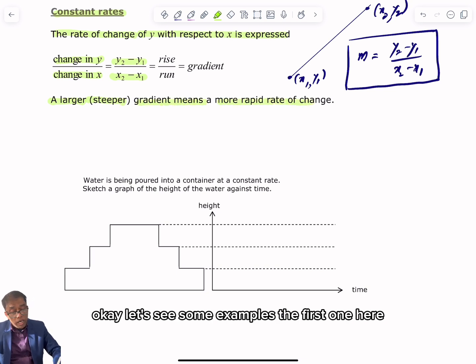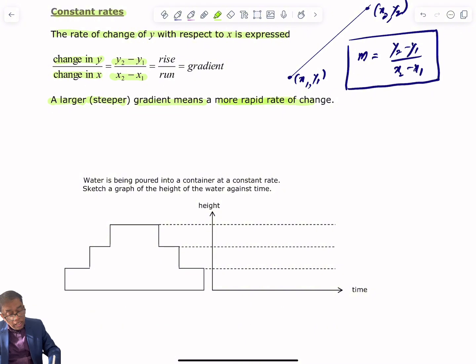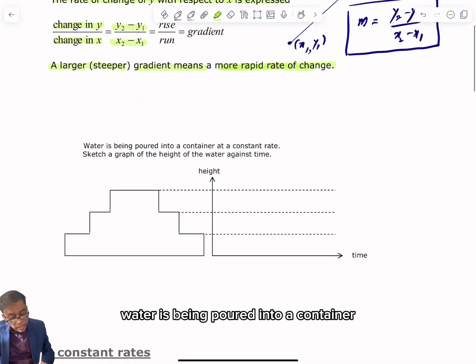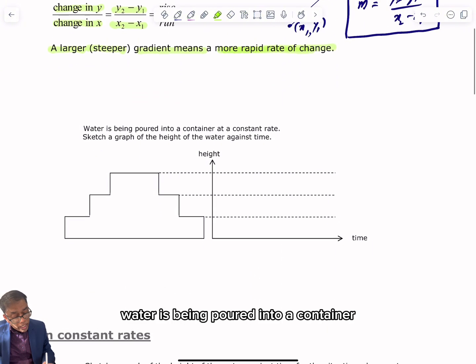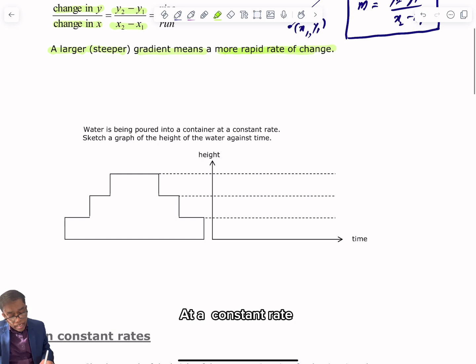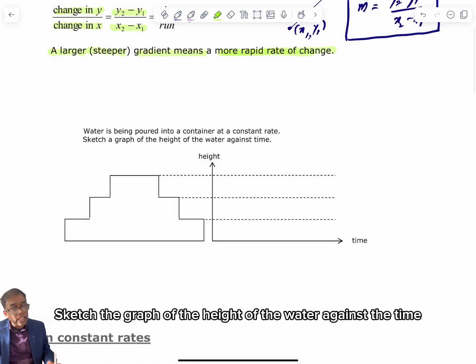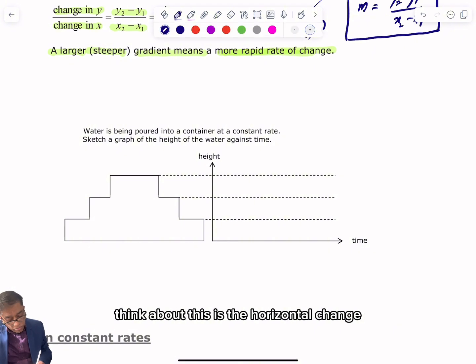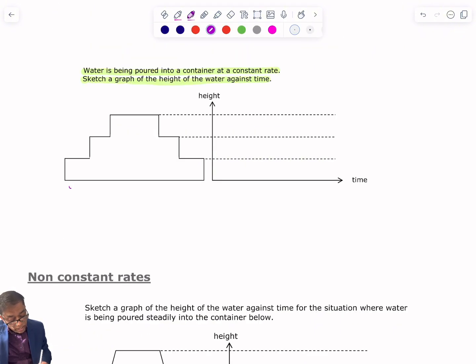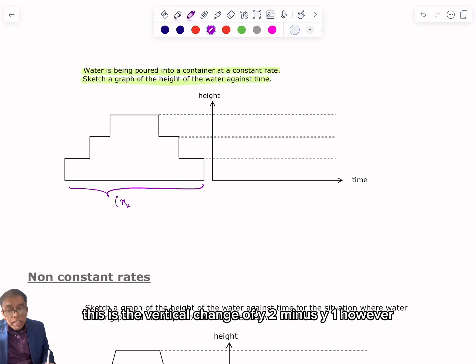The first one here: water is being poured into a container at a constant rate. Sketch the graph of the height of the water against the time. Think about this as the horizontal change, and this is the vertical change, y2 minus y1.